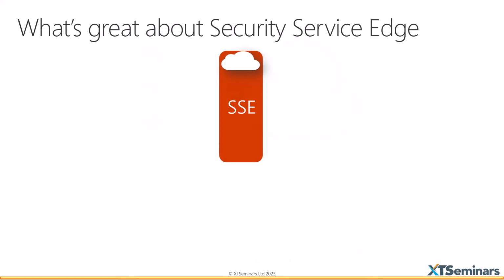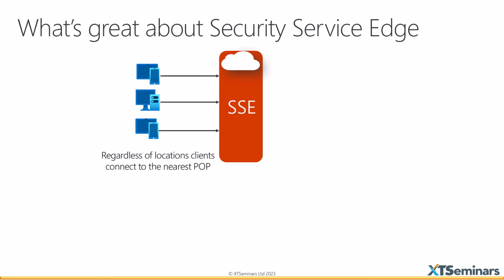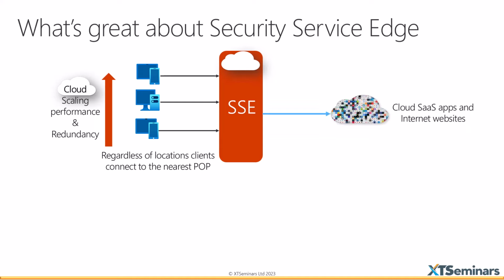Now, if we think about a security service edge, what can it do for us? Well, number one, if it has a global presence, our users connect to the nearest POP, regardless of where they're located. So we're not traversing all over the internet. We're just coming in at a local point of presence. Scalability, performance, redundancy, all managed by the cloud, so we don't even have to think of it. And then we can go to our applications.